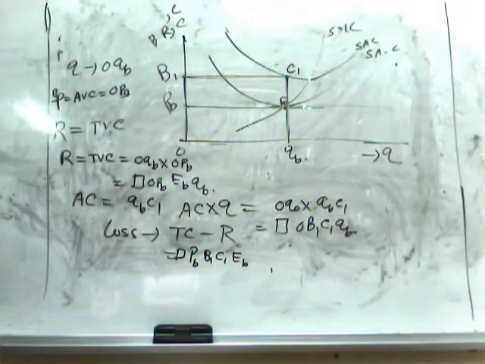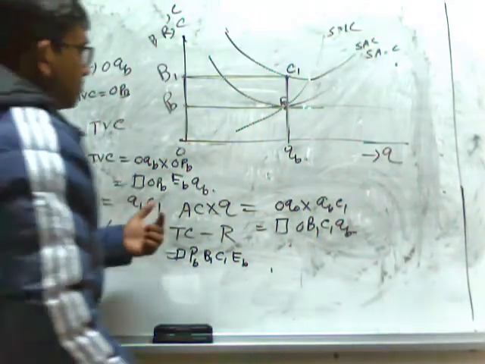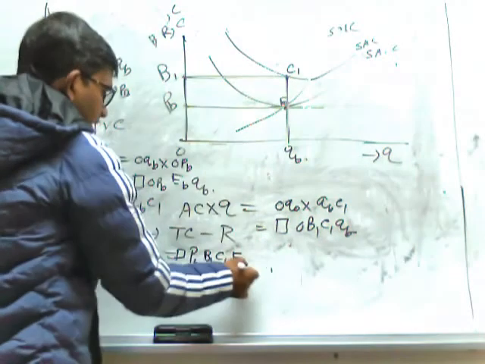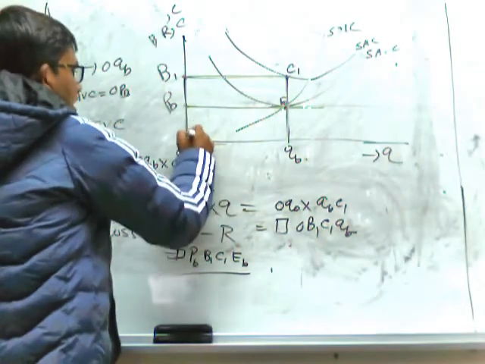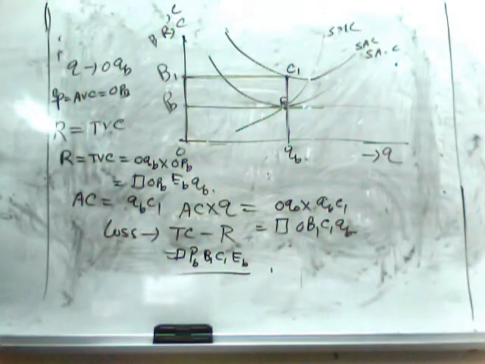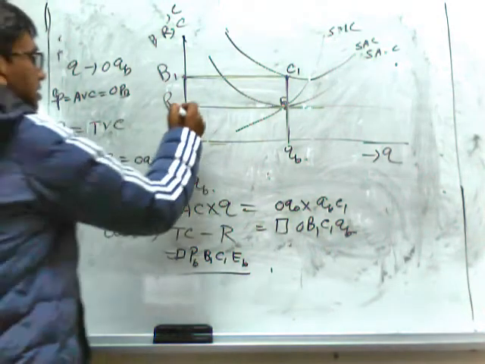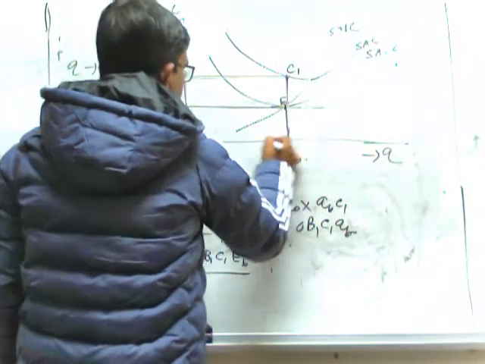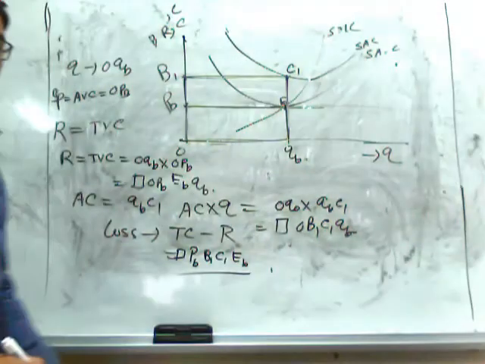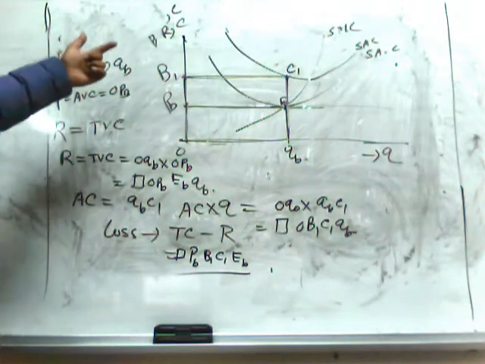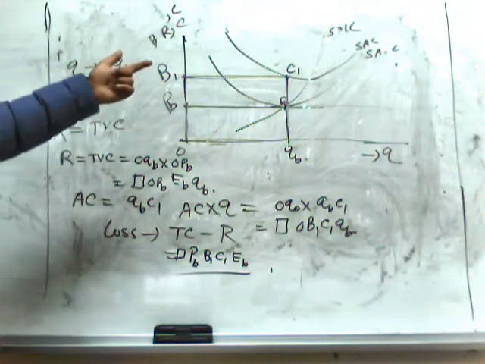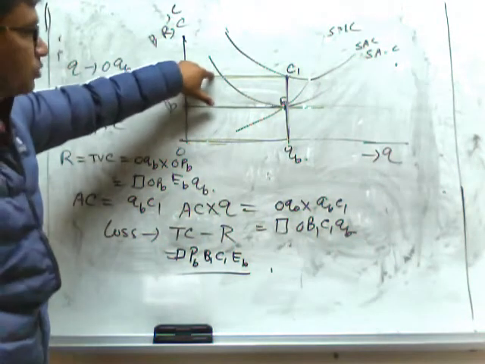One more thing we have to watch here, notice that in this case this is the revenue as well as total variable cost. So the difference between total cost and revenue is the difference between total cost and total variable cost.